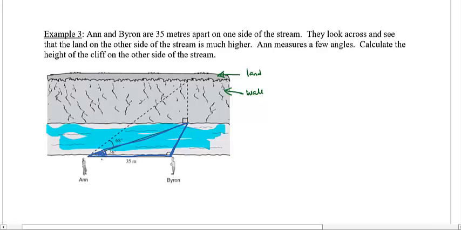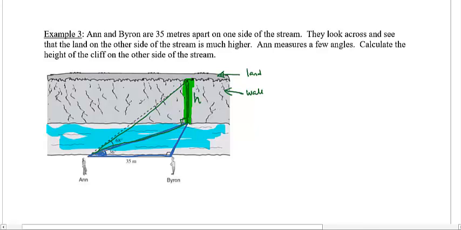The other triangle, which I'm going to put in green, is also a right triangle, but I hope you can see this spans not the horizontal, but the vertical plane. So think of that as the vertical triangle. The question is, she wants to calculate the height of the cliff on the other side of the stream, meaning I want you to find h here, this distance here.